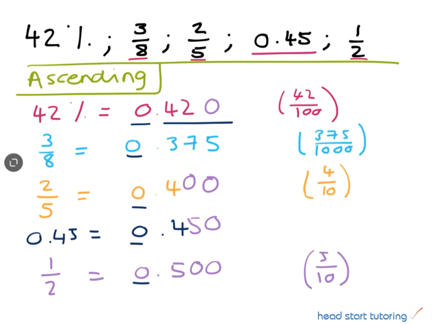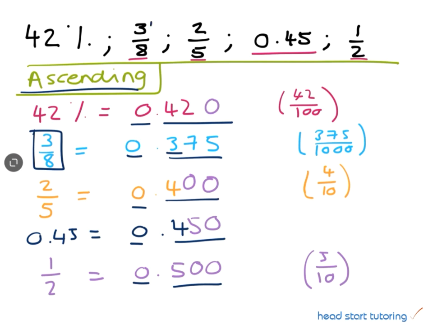So we've got 420, 375, 400, 450, and 500. So we are going in ascending order, so we need to see which is the smaller decimal. So we can see that 3 is the smallest in our tenths column. So 0.375 or 3/8 is going to be the first number that we write down.